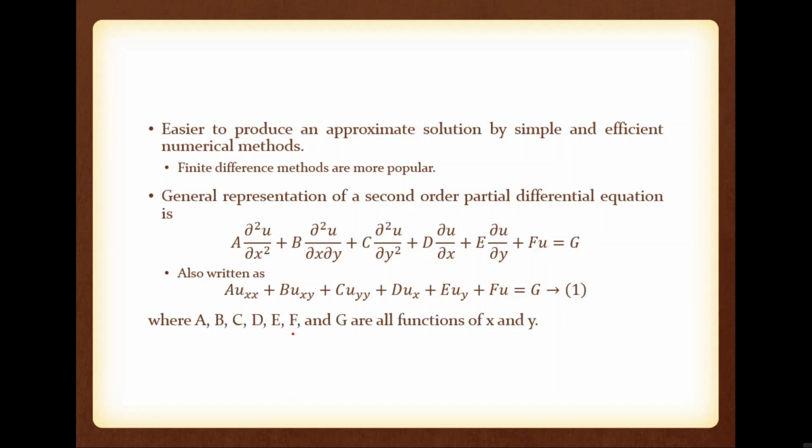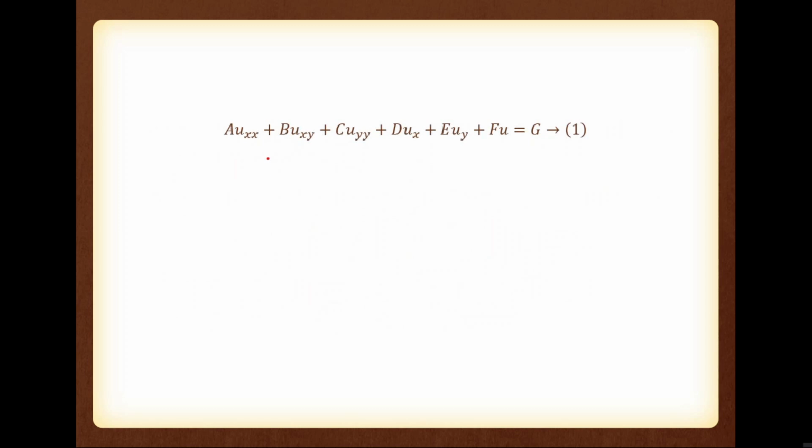Okay. Now by using the discriminant, we can classify the partial differential equation. The discriminant is delta s equal to b square minus 4ac. By using the sign of the discriminant, we can classify this function.